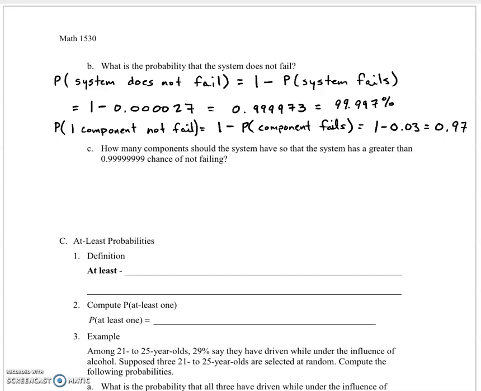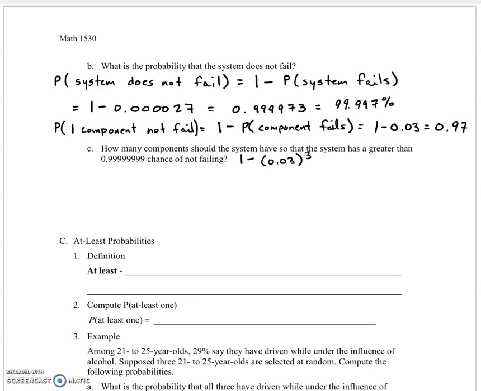What we calculated before was 1 minus 0.03 cubed.